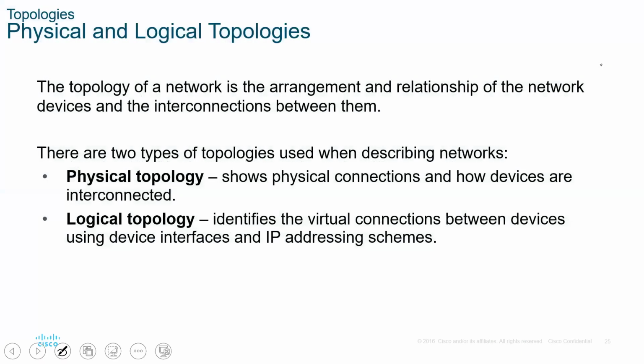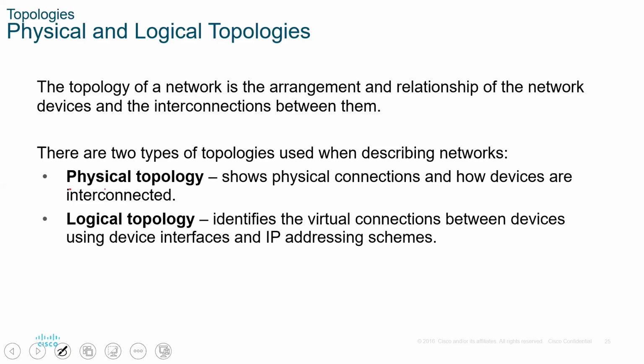Let's look at topologies. Physical and logical topologies. The topology of a network is the arrangement and relationship of the network devices and the communications between them. There are 2 types of topologies used when describing a network. And we saw that at the beginning of, I think, module 1 or so.